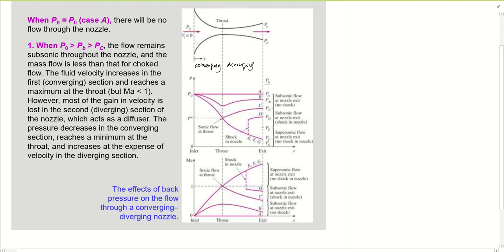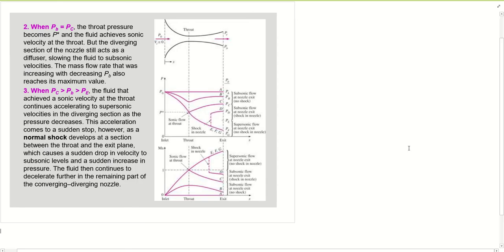Now what happens when we set the back pressure PB equal to PC? The pressure first decreases to the sonic pressure, P star, and then increases.